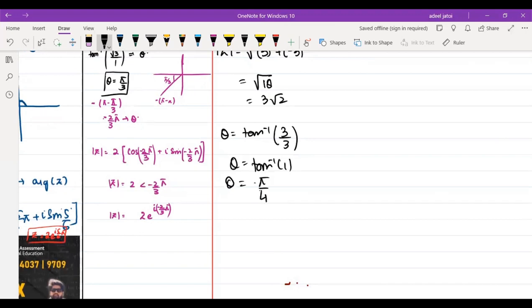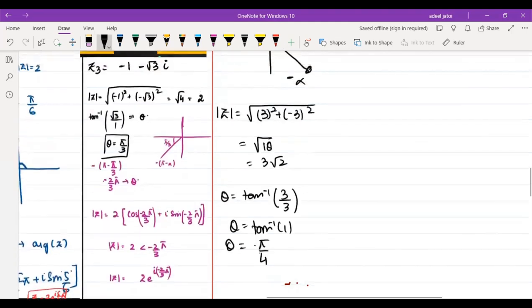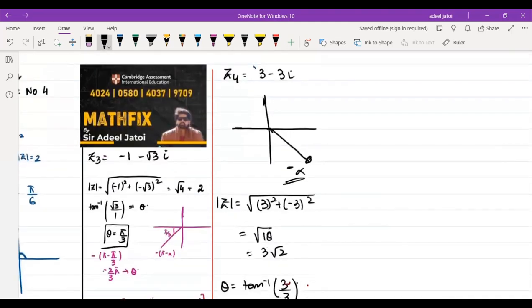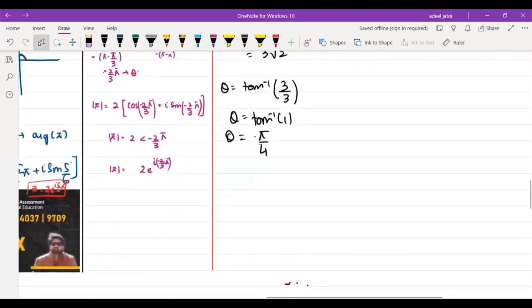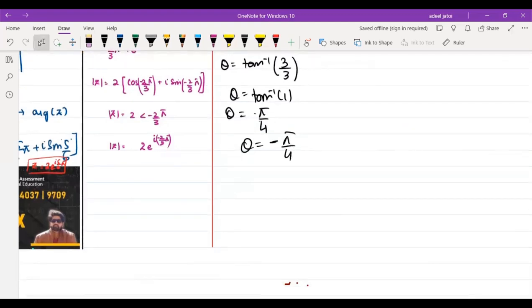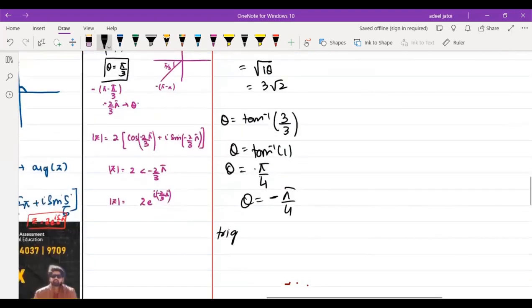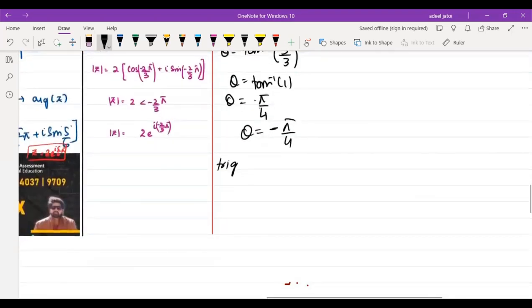But since this is in the fourth quadrant, and in the fourth quadrant alpha is negative, that means theta will be negative pi upon 4. So when I want to write it in the trigonometric form, we look into what? 3 under root 2 cos negative pi upon 4 plus iota sine negative pi upon 4.